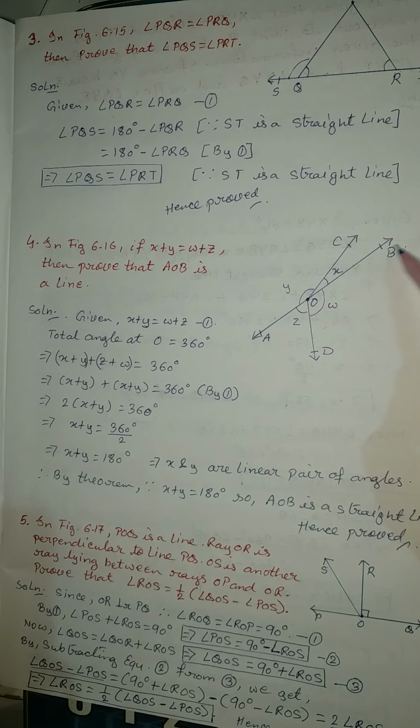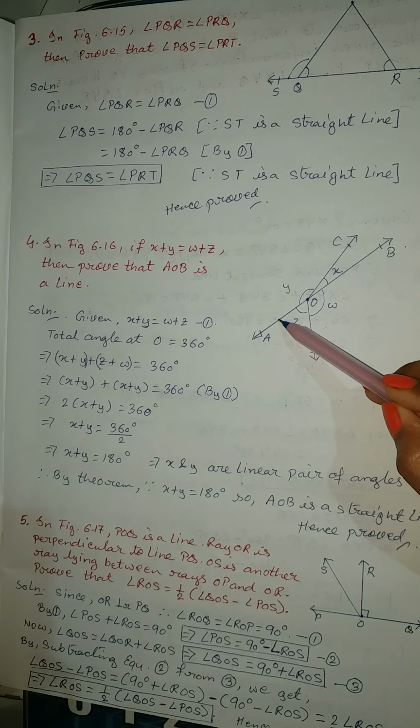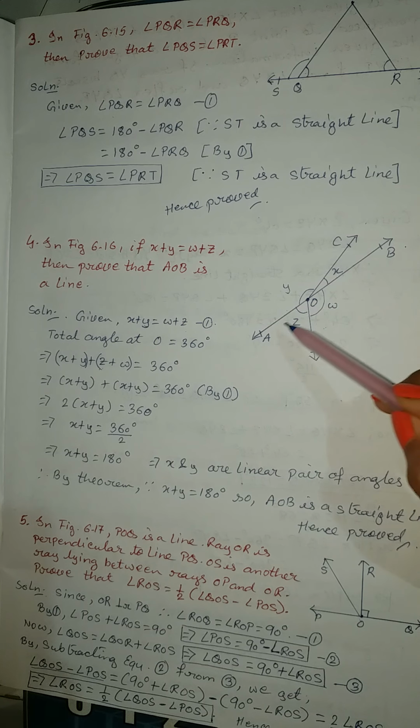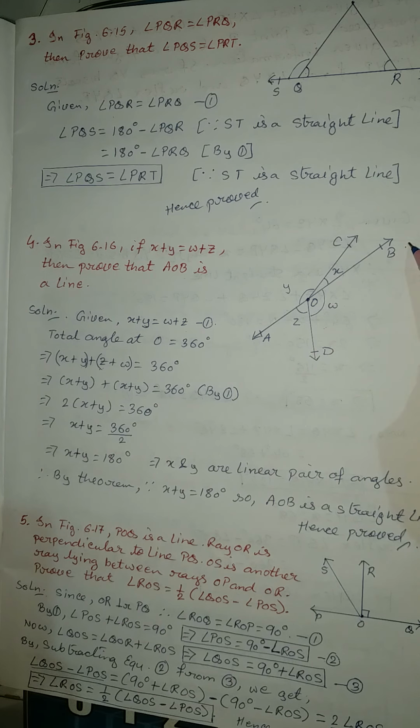When two rays make an angle of 180 degrees, or the sum of two angles is equal to 180 degrees, that means they sit on a straight line, which proves that x plus y is equal to 180, that makes x and y a linear pair of angles. And since they are a linear pair of angles, AOB will be a straight line.